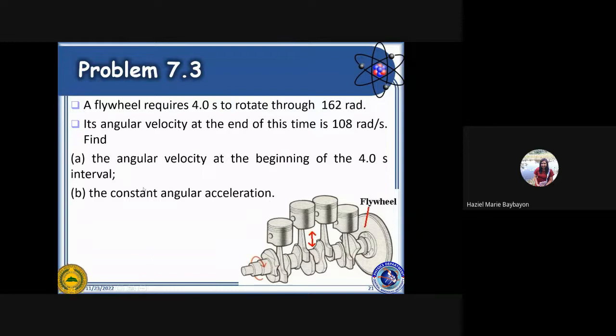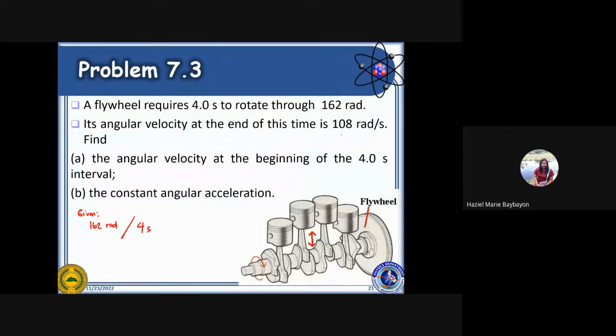Okay, so let's try to solve this one before we dismiss. So given: 162 radians every 4 seconds. Okay? So every four seconds of the flywheel's rotation, it turns a total of 162 radians. So what is its angular velocity at the end of this time?